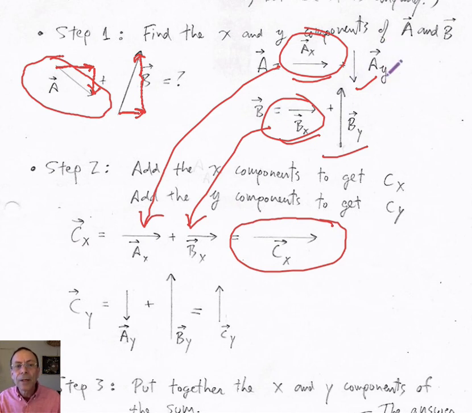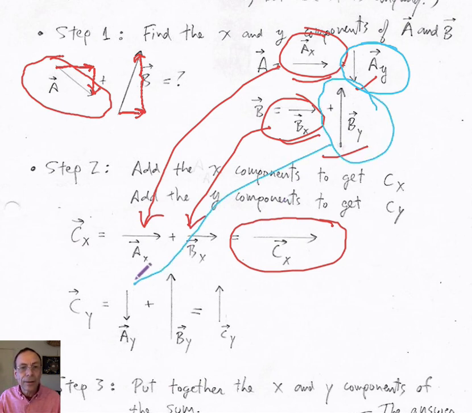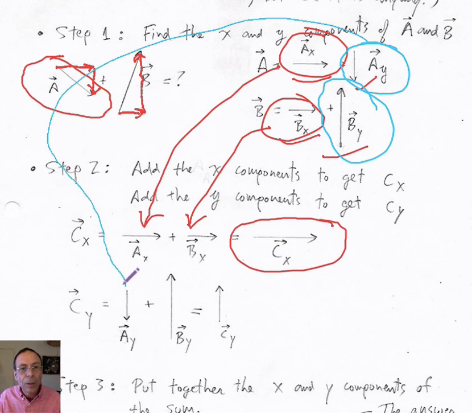Here is the y component of, let's use a different color. Here's the y component of the first vector. Here is the y component of the second vector. And here is, wait, no, that's wrong. Let's do it this way. There's the y component of A. Here is the y component of B. Now we're going to add these up. Since they are in opposite directions, there is partial cancellation.